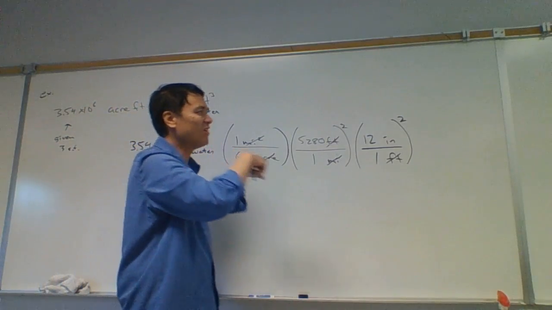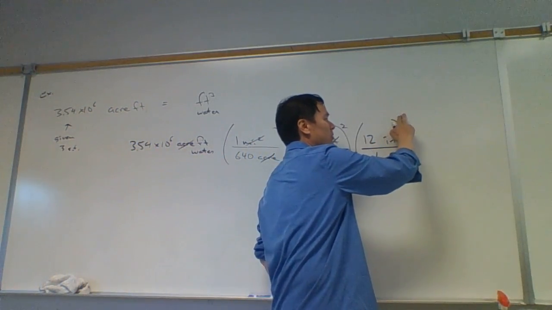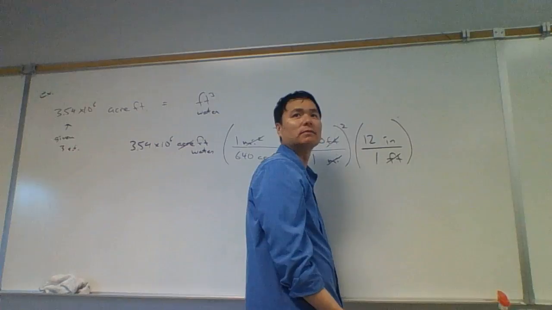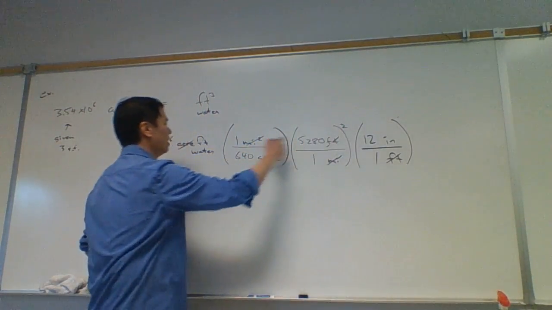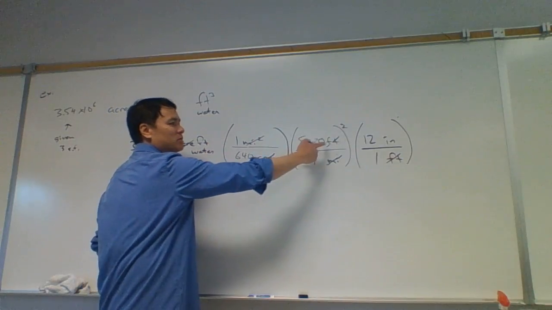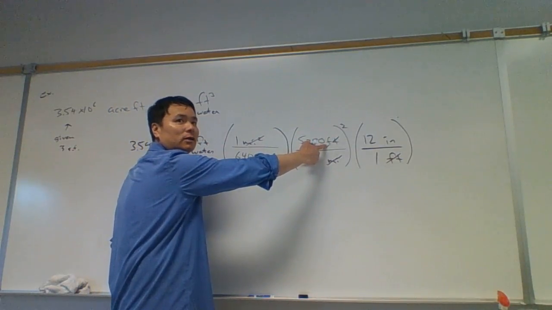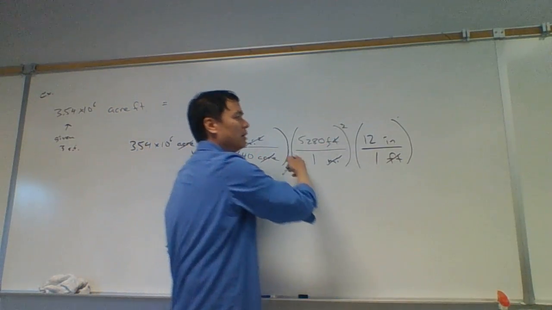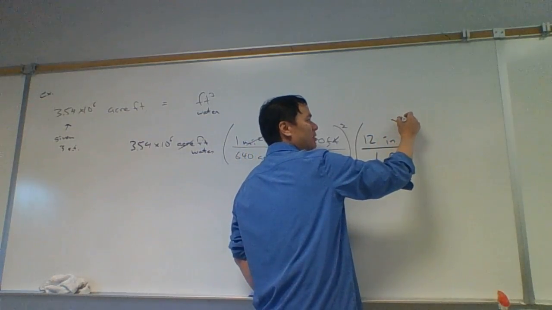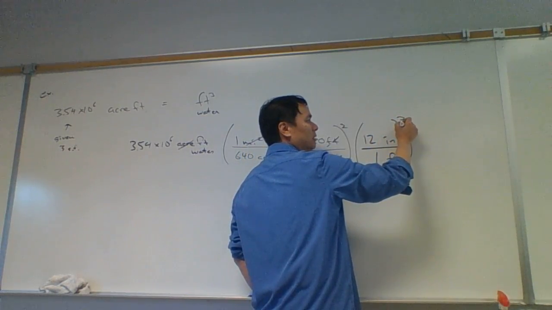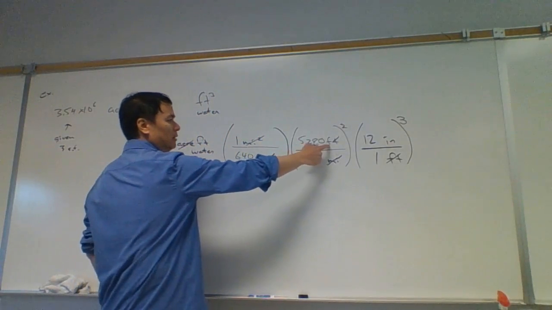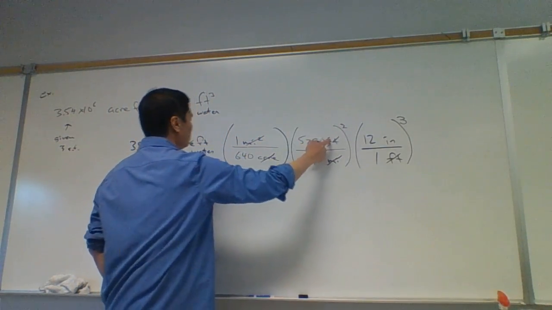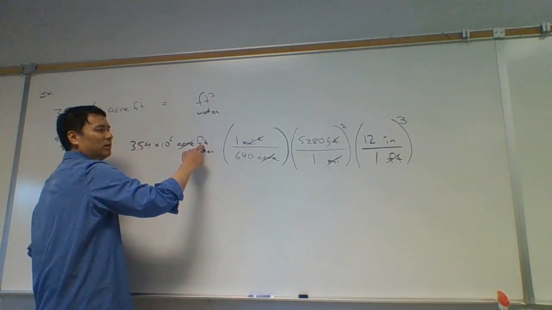And so I don't want 144 square inches. Do you know what I want? I have square feet here, and I have a foot. So foot times the square foot is equal to a cubic foot. And so rather than square it, I have to cube it, because I've got to get rid of this foot here, which is squared, and I have to get rid of this foot here.